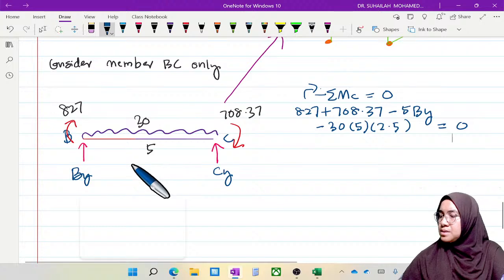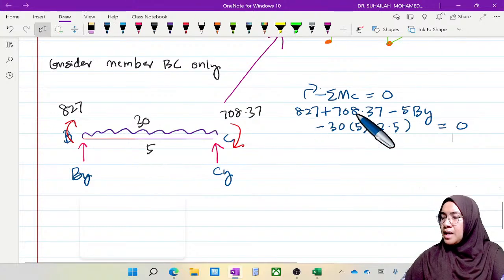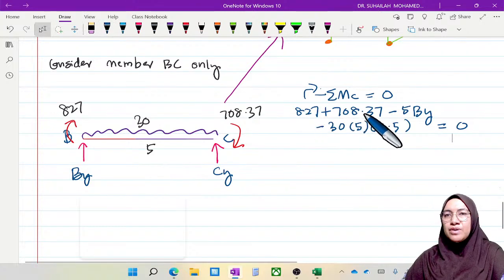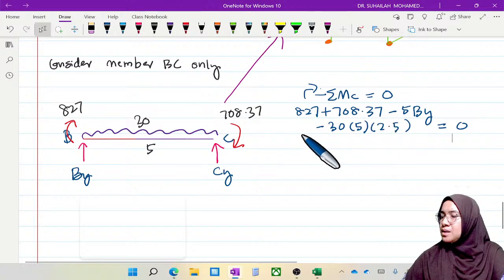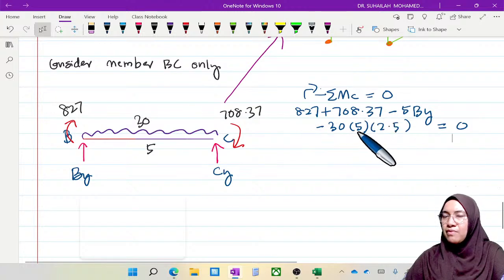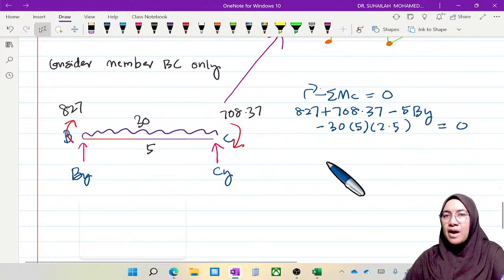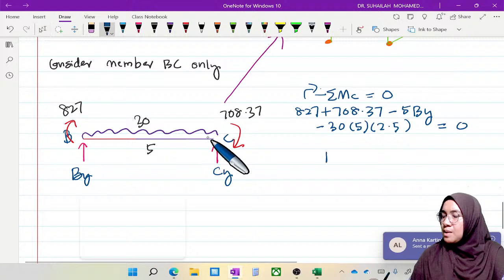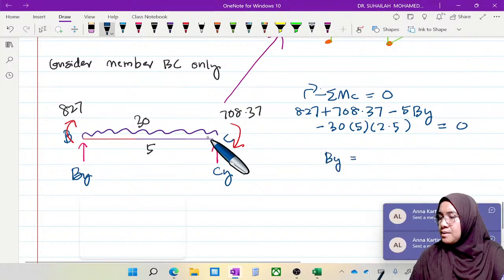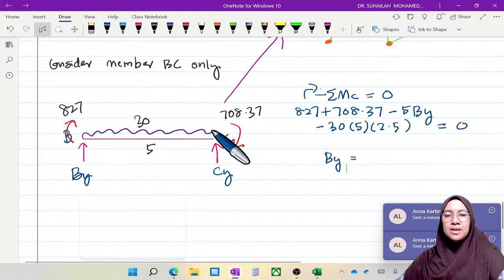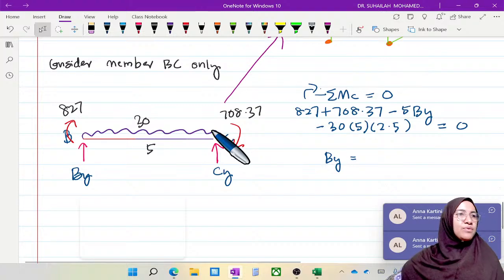So what we get is 827 plus 708.37, minus 30 times 5 times 2.5, we divide by 5, we get BY. So BY is equal to, okay, wait for a while.